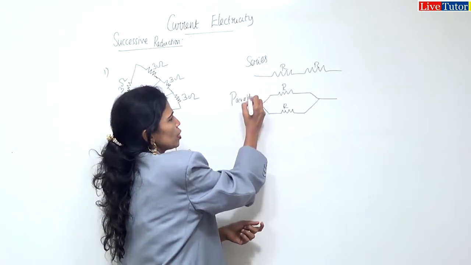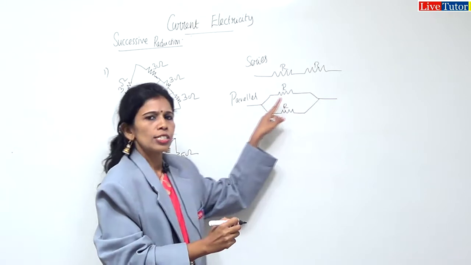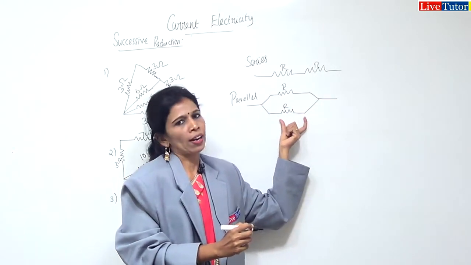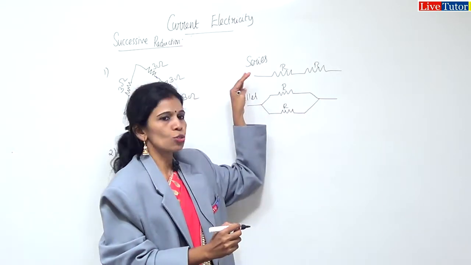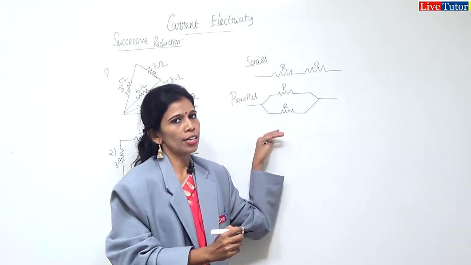How do I say that it is parallel? See, first two ends are connected. Similarly, the other two terminals are connected. It is called a parallel connection. So, first of all, you should be able to identify the difference between series and parallel connection.